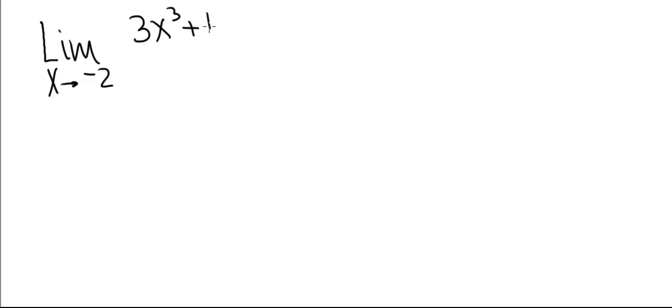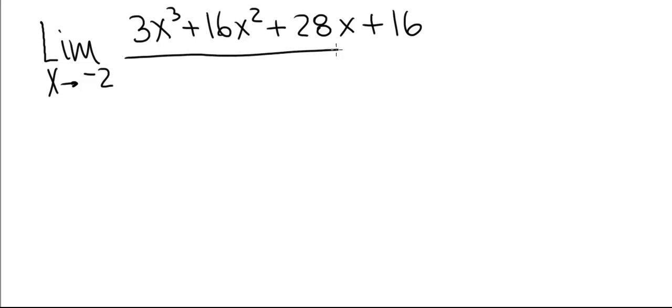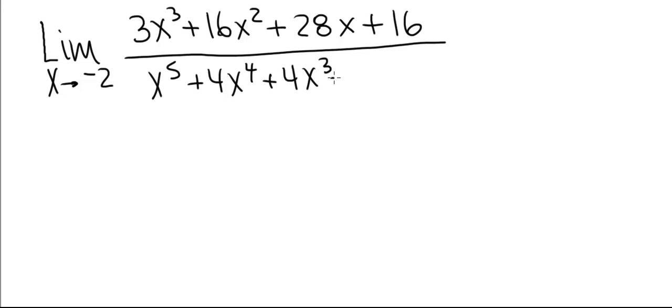We're going to use L'Hopital's rule to evaluate the limit as x approaches minus 2 of 3x cubed plus 16x squared plus 28x plus 16, divided by x to the fifth plus 4x to the fourth plus 4x cubed plus 3x squared plus 12x plus 12.